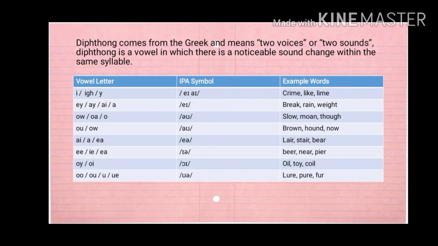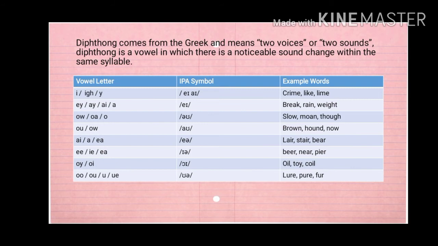And the next is I. This creates sounds similar to boy, and most often occurs with letters combination that include I and I. For example, oil, tie, coil.